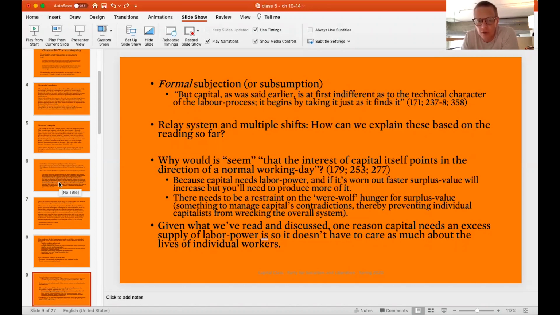Or increases overwork. Marx writes about the relay system and multiple shifts. And basically, based on what we've read so far, one, the capitalist wants to appropriate surplus value 24 hours a day, and they can't work the same workers 24 hours a day. So they create three shifts, right? Morning, day, and night shifts.